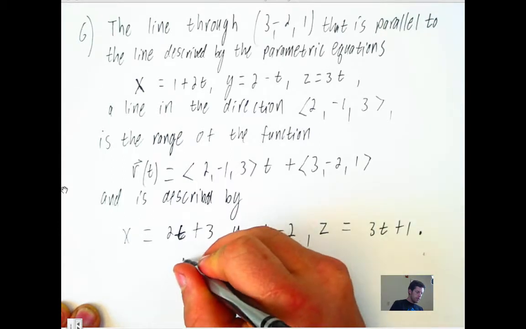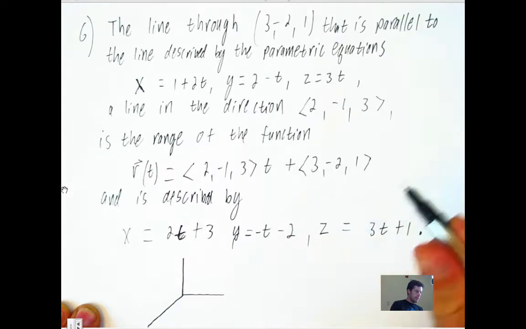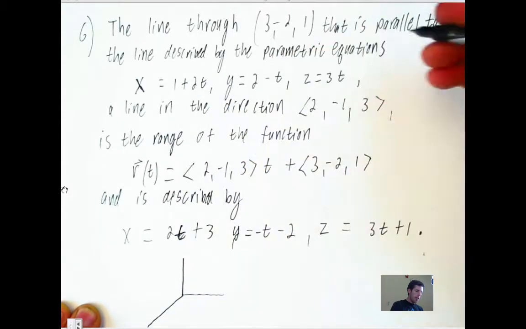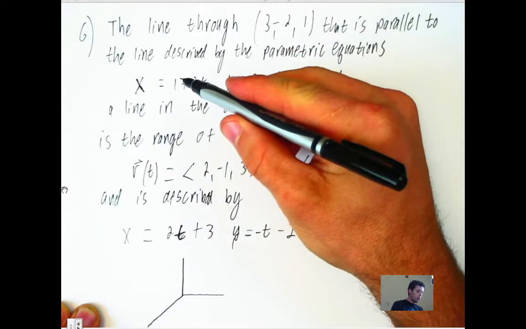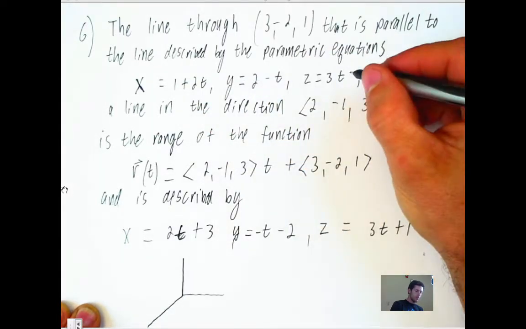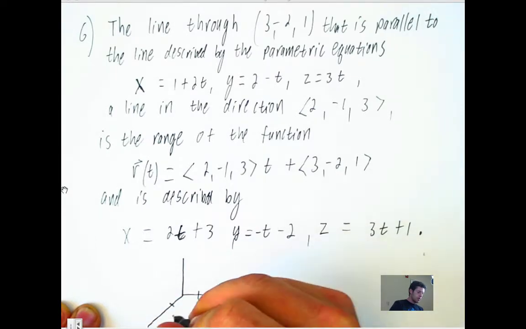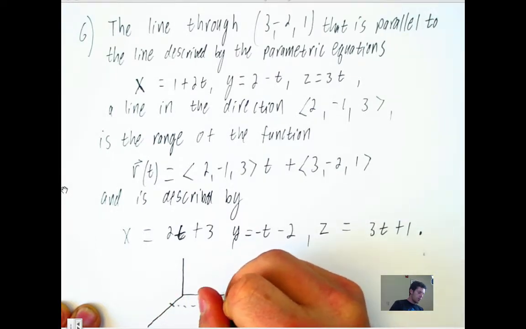Okay, the first line right here seems to pass through the point 1, 2, 0, which you think of as the initial point. So 1, 2, 0 is this point.